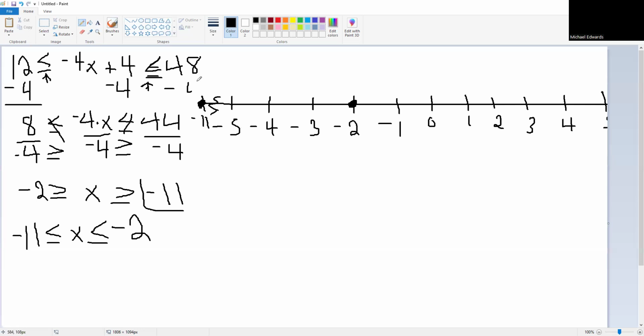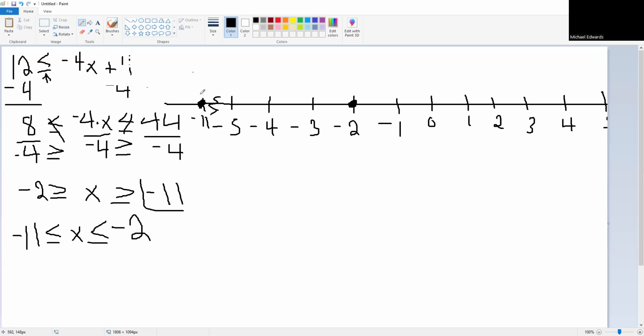So we have three notations because of this. I'm going to erase some of this because I need this space. We have three notations because it's a complex inequality.